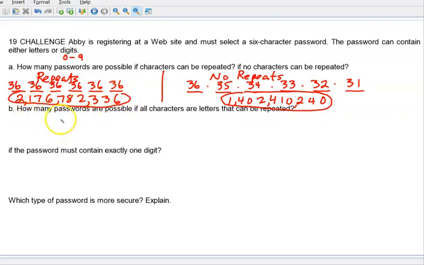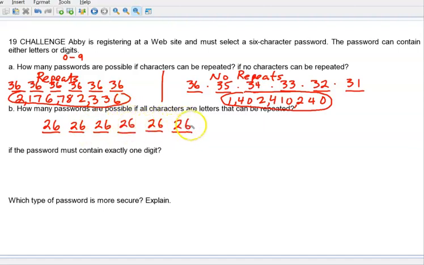All right, now letter B: how many passwords are possible if all characters are letters that can be repeated? Okay, so it's still 6 characters, but it's just letters that can be repeated, so that means 26 are possible for every one of these slots.